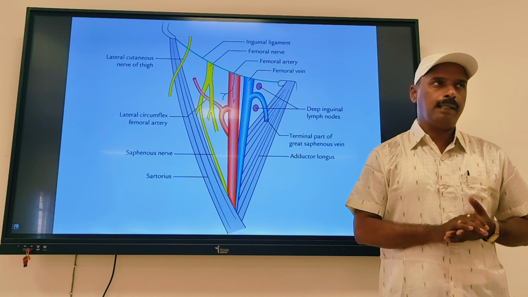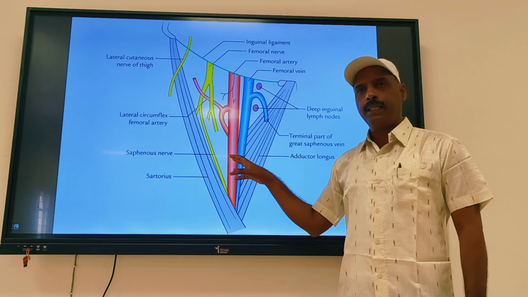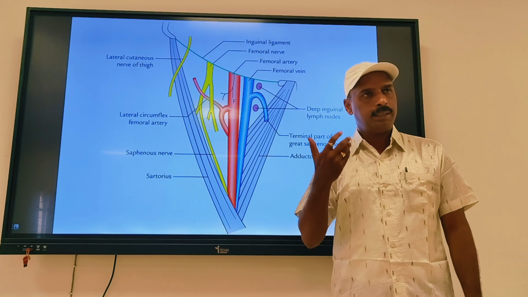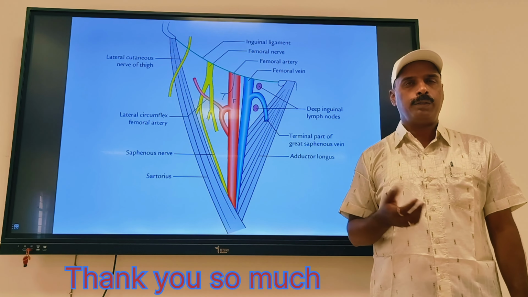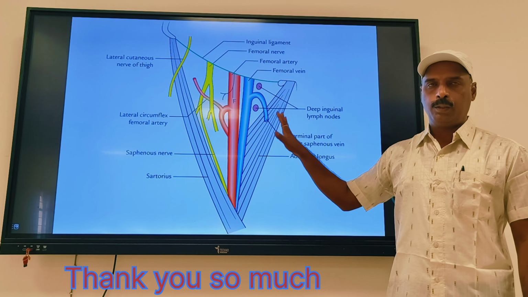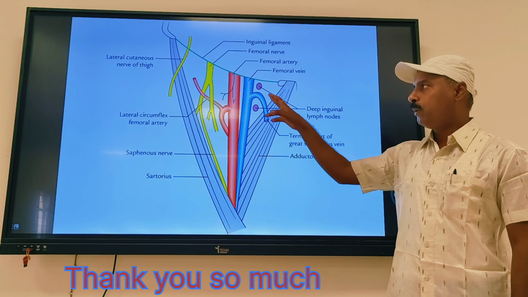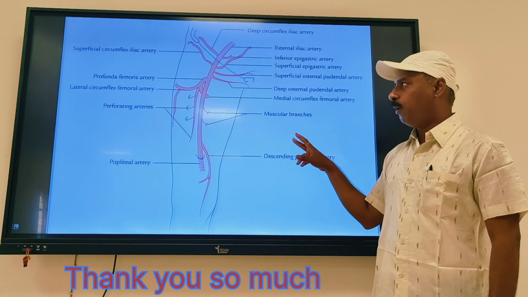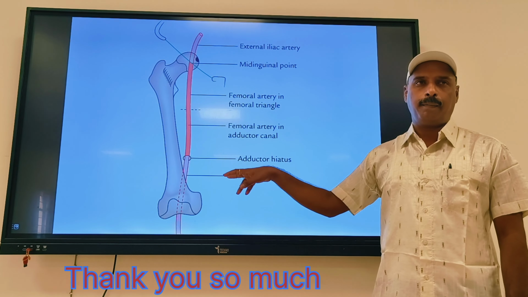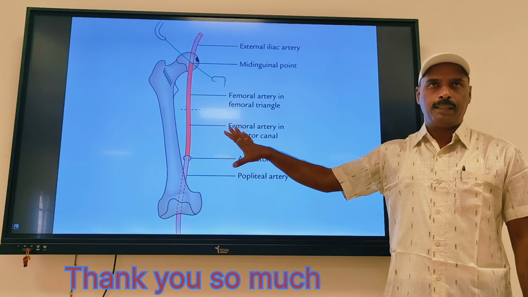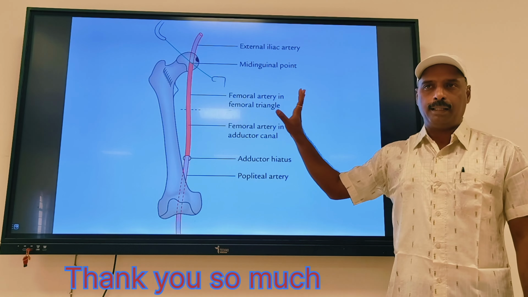Then lastly, clinical anatomy. The femoral artery is commonly asked for short notes and 10 marks questions, and a long question may also be asked. So you should be able to write, and you can draw this diagram, which represents the femoral artery.